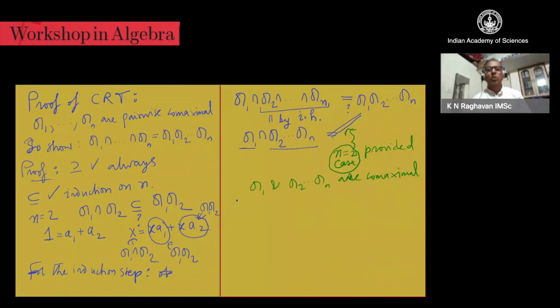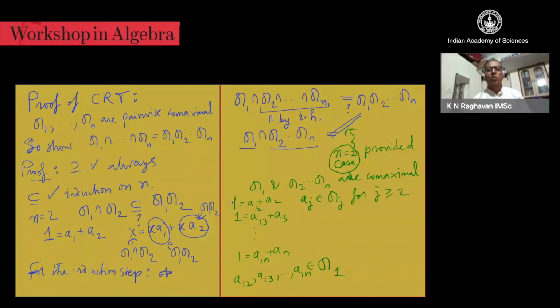So we can write 1 equals A12 plus A2, 1 equals A13 plus A3, and so on, 1 equals A1n plus AN, where A12, A13, through A1n all belong to A1, and the elements aj belong to Aj for j greater than or equal to 2. So we are choosing such elements.